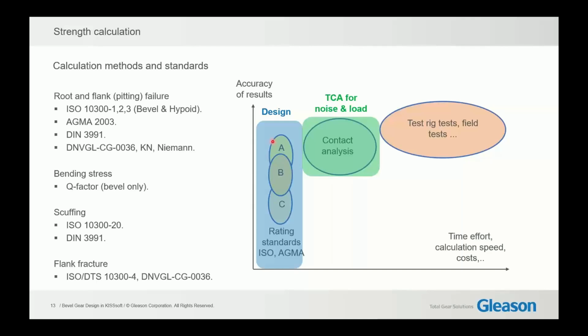This is quite a process to check the various load cases and how the contact pattern moves under load, and so to avoid peak loads and edge contacts. This belongs to the design work of a design engineer.